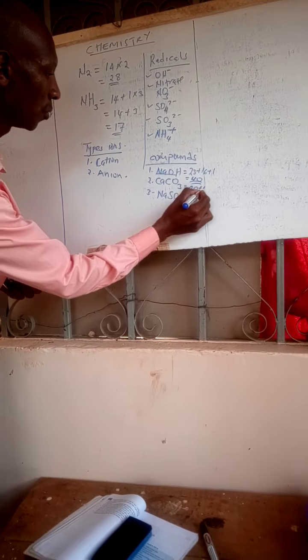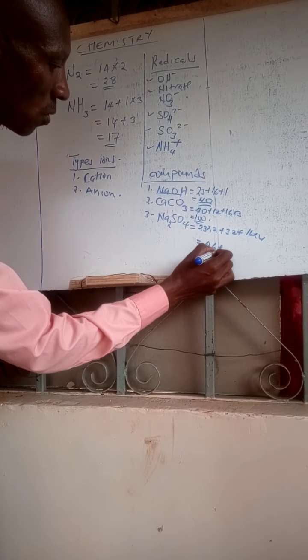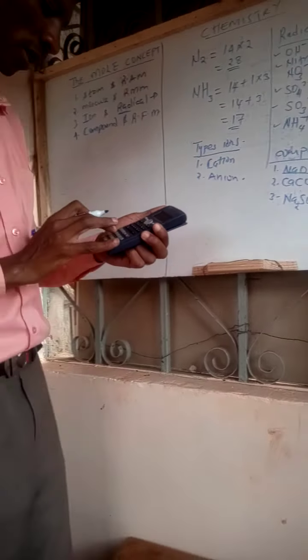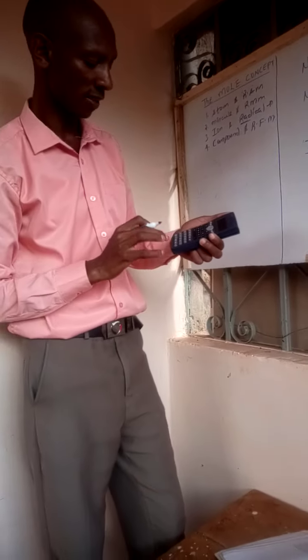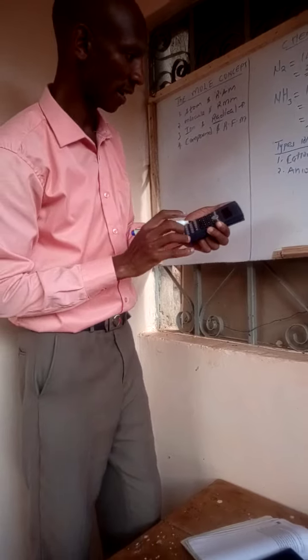The relative formula mass for sodium sulfate is 23 multiplied by 2, then you add 32, then you add 16 multiplied by 4. This becomes 46 plus 32 plus 64, and once you get the summation of everything, the answer is 142.